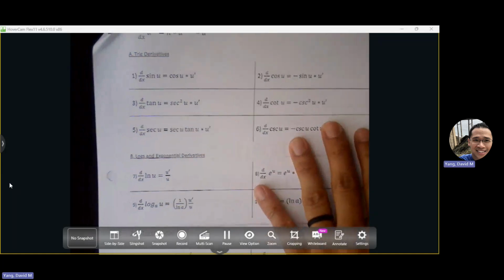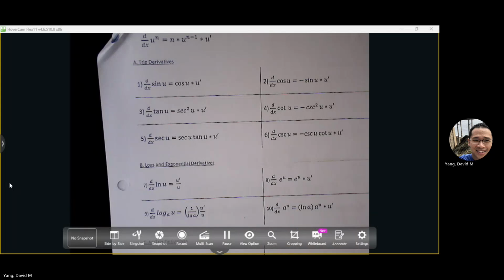On page 45, I organized all the rules. This is the key. If you flip to the back, it's the blank version of it.